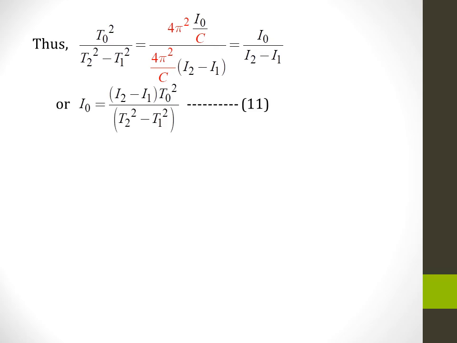On cross multiplication of the above equation, we get I0 to be equal to I2 minus I1 times T0 square divided by T2 square minus T1 square, which we represent as equation 11.